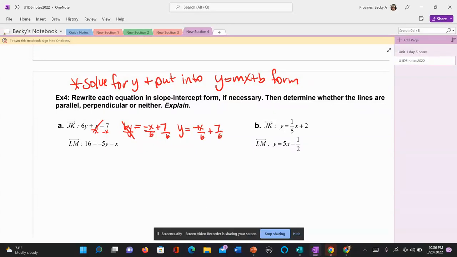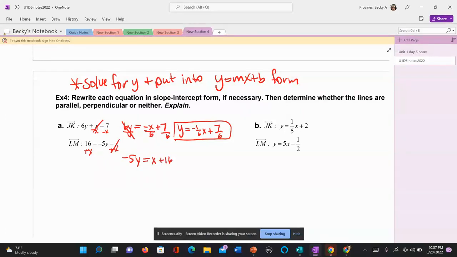Now, technically, there's like an invisible 1 here. So I'm going to rewrite this, actually, and write a negative 1/6 x. That might be easier for you in the long run. This next one, I need to solve for y again. So I'm going to add x to both sides. And so I get a negative 5y equals x plus 16.